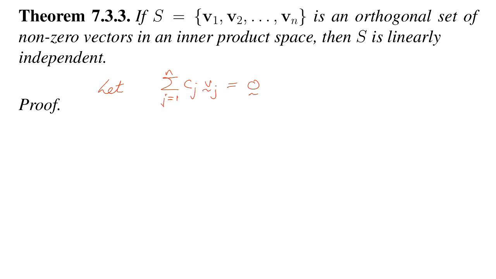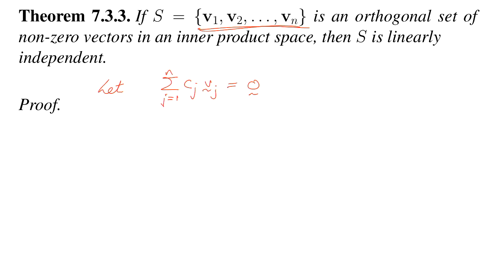The only thing we know about this set, I guess we know two things. One is that all these vectors are non-zero. The more interesting thing is that it's an orthogonal set, so you take the inner product of anybody in that set with any other distinct thing in that set, you're going to get 0. That's what we know. What we want to show is all the CJs are 0.